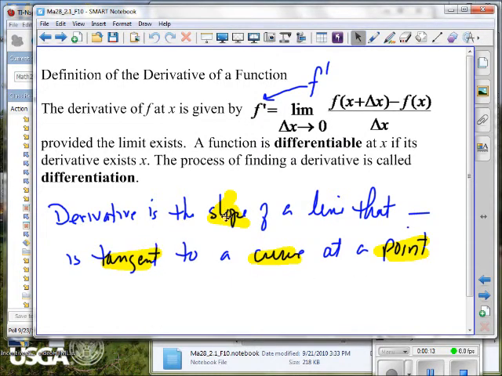The derivative is a measure of slope, but it's the measure of the slope of a line, and the line is a very special line. The line is one that is tangent to a curve at a point. A very special line, though, a tangent line. Tangent to what? Well, to a curve, to the function graph, at a specific point. Okay.